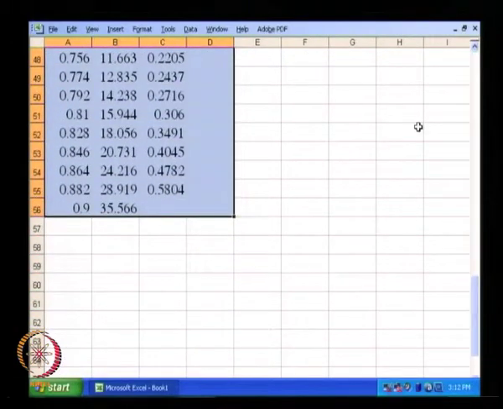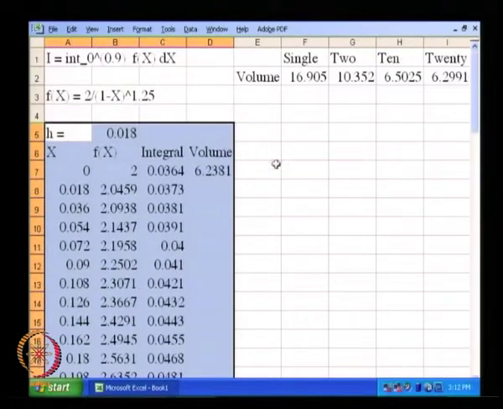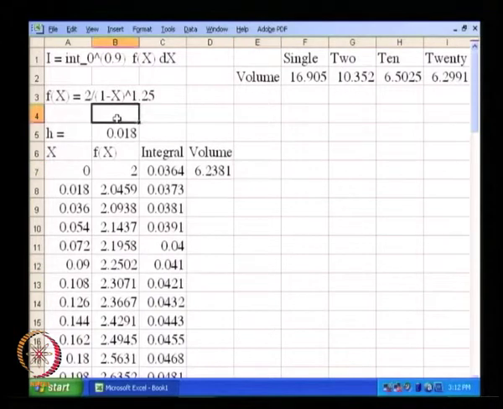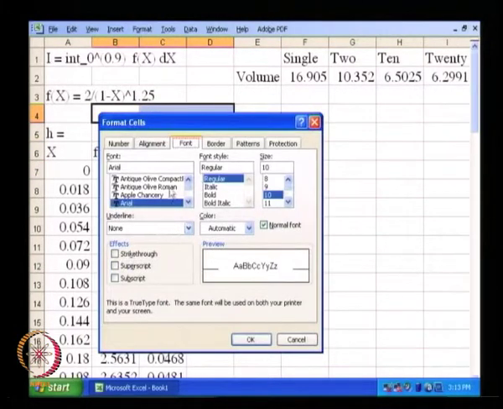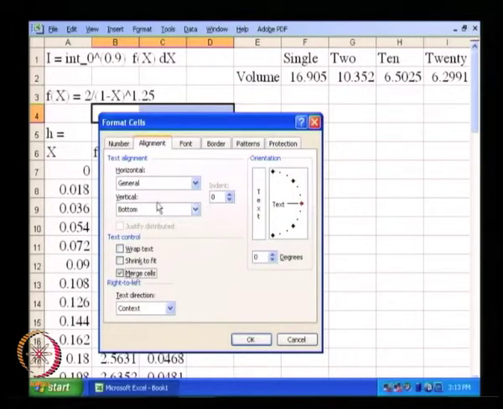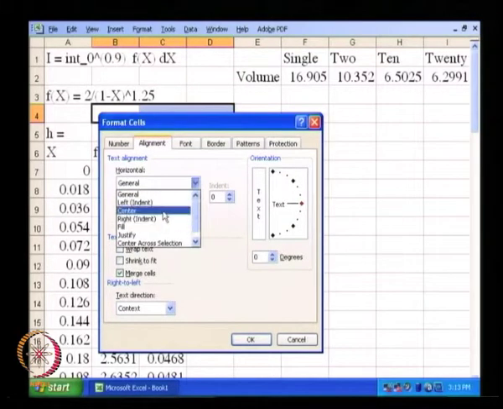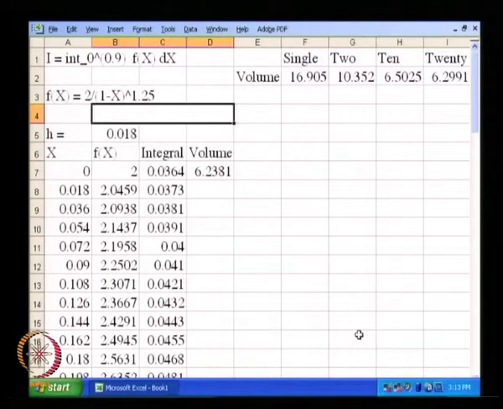It is the same idea that was used in checking the convergence of the various methods that we will use over here as well. I will just write this, merge and center aligned, and I will write this as trapezoidal method.